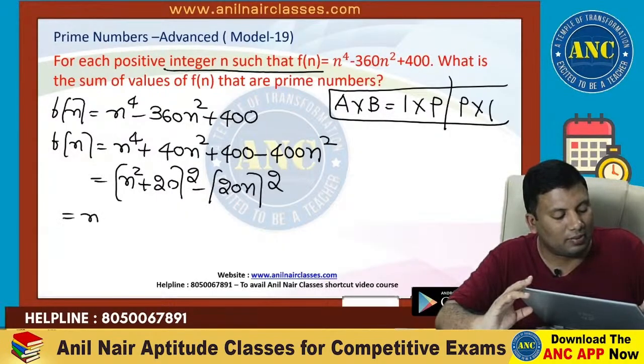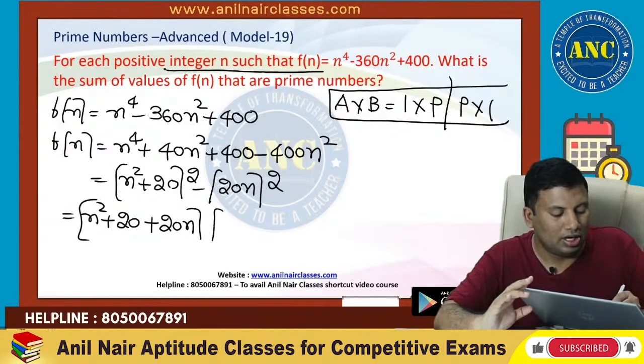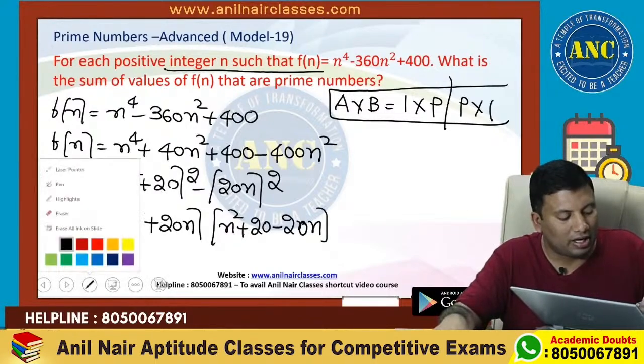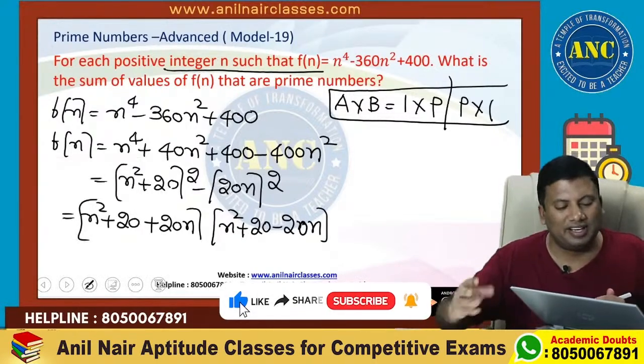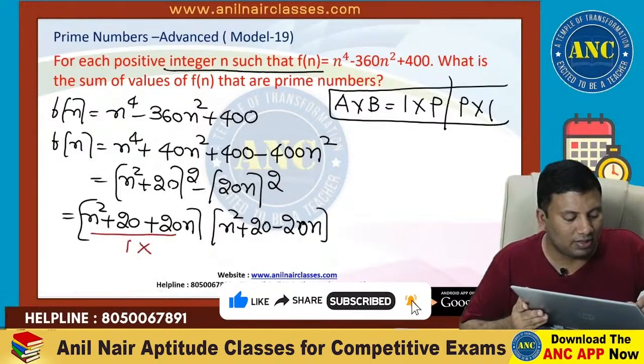This is nothing but n square plus 20 plus 20n into n square plus 20 minus 20n. I hope, 1 into p or p into 1. Already we did it. Once you get the idea, the most complex questions will also become easy.